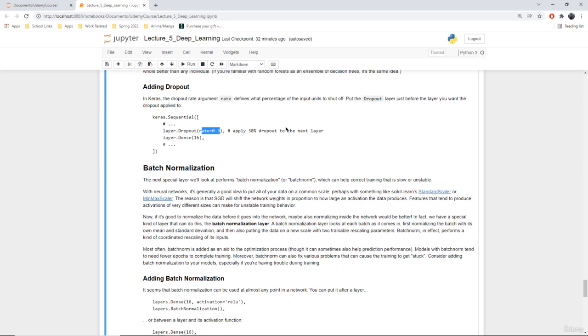If we think about how stochastic gradient descent works, it will shift the network weights in proportion to how large an activation the data produces. So if we have activations of very different sizes, and it shifts the network weights in proportion to the size of these activations, then we're going to get unstable training behavior by default.